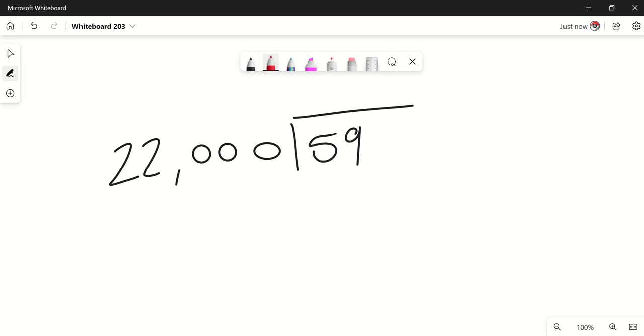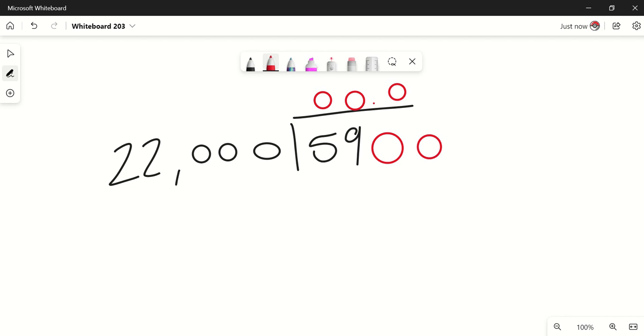So 22,000 cannot go into 5, cannot go into 9. Because it cannot go into either, we are going to need to annex a decimal. And now we put another 0 down. 22,000 cannot go into this.